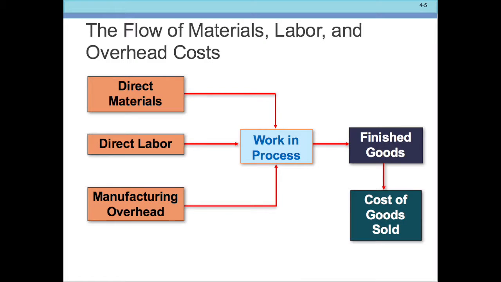Beyond that, you can see that your flow of materials and labor and overhead costs is, here's an example of it. Direct materials, direct labor, and overhead is work in progress. That all goes to work in progress until it's done. And when it's done, it becomes a finished good, and finished goods, when they're sold, become a cost of goods sold. And that's similar in both process costing and job costing.